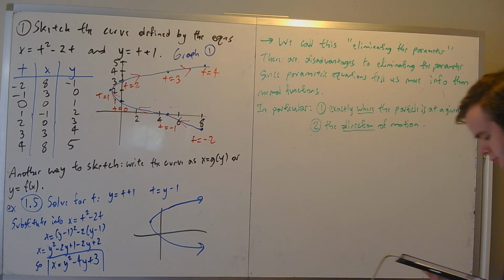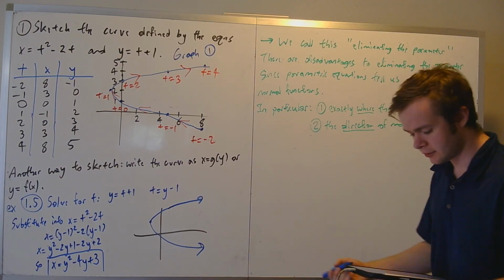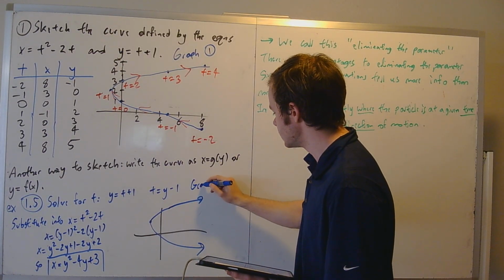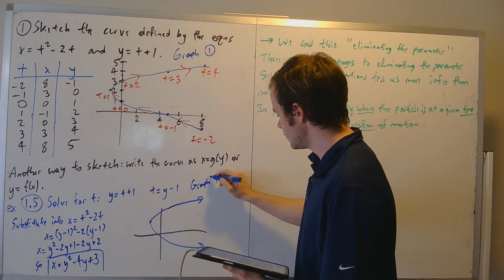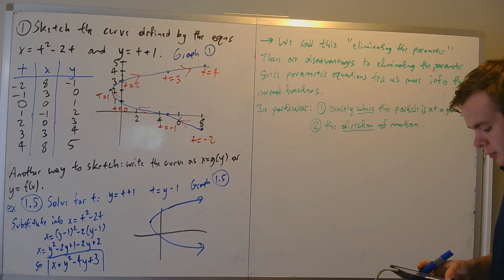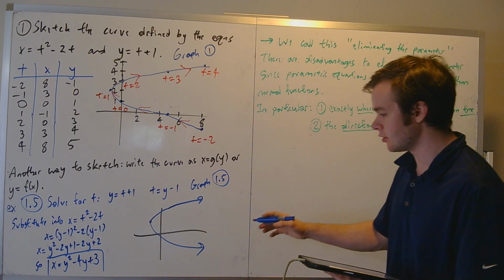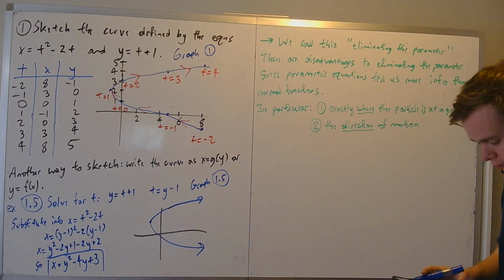Okay. So as I said there, graph 1.5, I should have called this graph 1.5, tells us where a particle has been, but not when it was at a particular point. It also can't tell us the direction of motion, but graph 1 tells us both of those things.